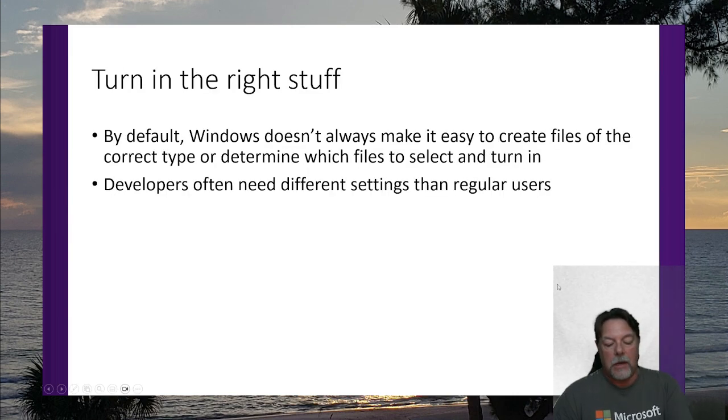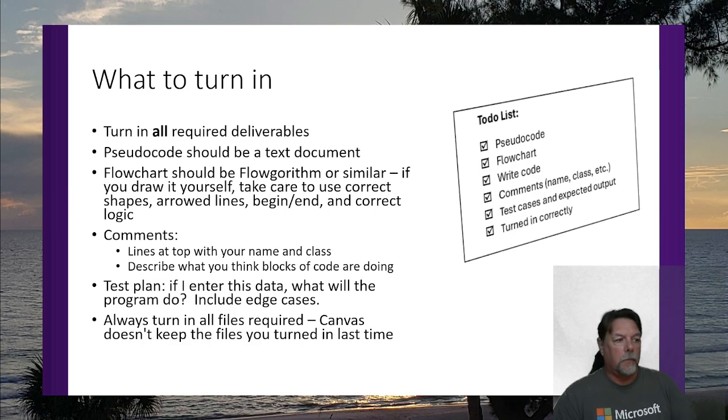Another thing that I wanted to point out before I move on here, that last bullet point there: when you're in Canvas, always turn in all of the files that are requested. One of the idiosyncrasies of Canvas is that it doesn't keep all the files. So let's say on an assignment, you turn in your flowchart, your pseudocode, and your Python code, 3 files.